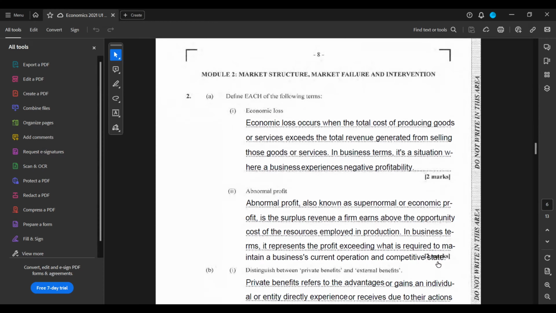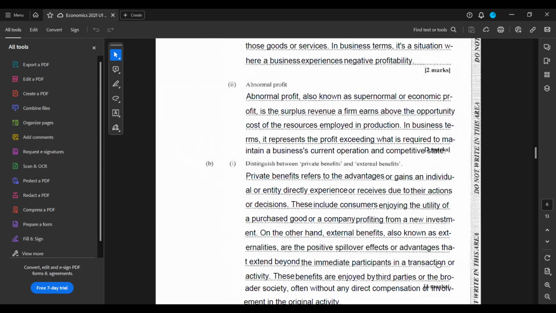Part B, distinguish between private benefits and external benefits. Private benefits refers to the advantages or gains an individual or entity directly experiences or receives due to actions or decisions. These include consumers enjoying the utility or satisfaction of a purchased good, or a company profiting from a new investment.